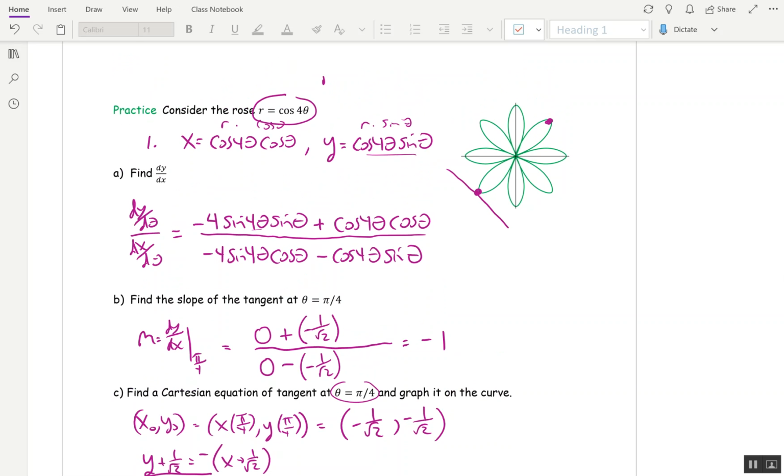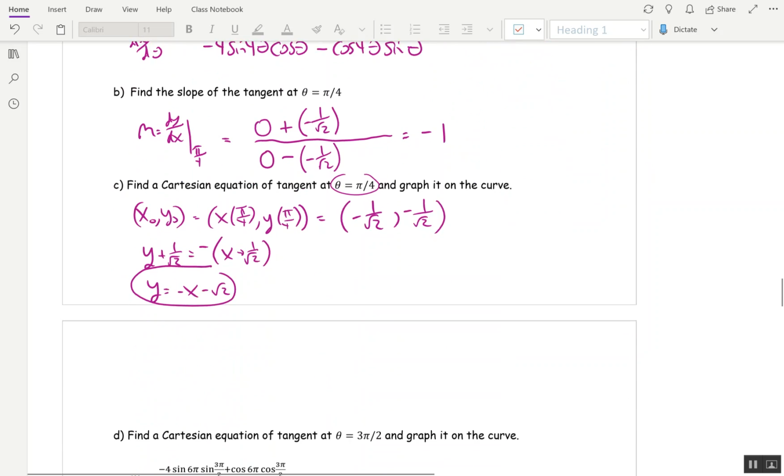Let's find r when theta's pi over 4. R is cosine pi, which is -1. So to plot the point -1, pi over 4, since r is negative, we go to the angle pi over 4, but then we go to the opposite quadrant. So we are indeed down here in quadrant 3.